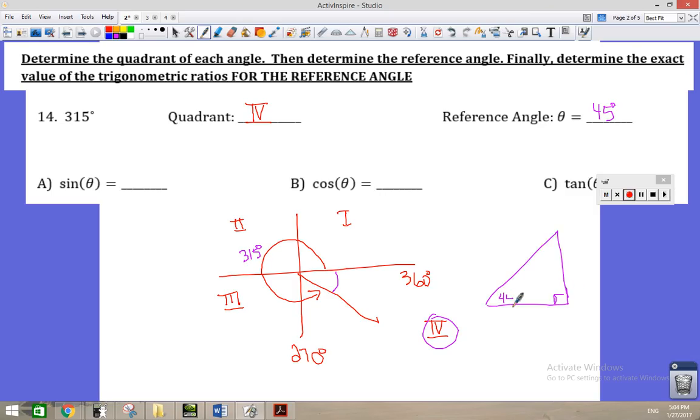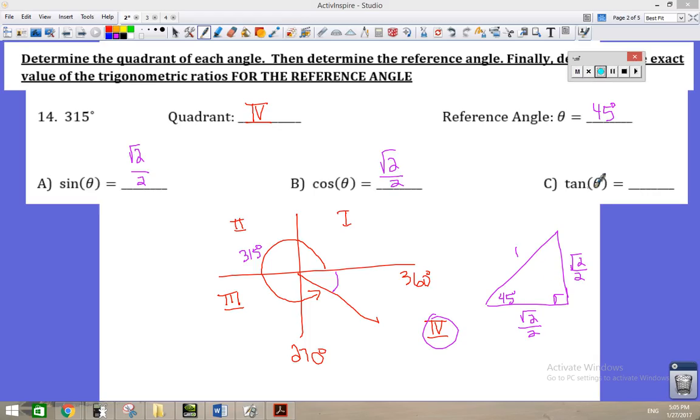I know that if I have 45 degrees, which is also pi over 4, by the way, these sides are congruent, that there's square root 2 over 2, and my hypotenuse is 1. I know sine and cosine are the same value because the opposite side and the adjacent side are the same. The hypotenuse is 1. I know this is square root 2 over 2, and this is square root 2 over 2. And the tangent of theta, where theta is 45 degrees, is the opposite over the adjacent, so I've just got the number 1 right there.